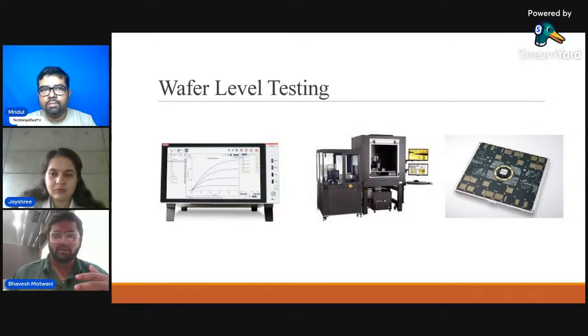If you see the third image, it is a probe card in which we put our package or a wafer on it, and with that it can do parametric testing and functional testing, and based on that we'll get a result.